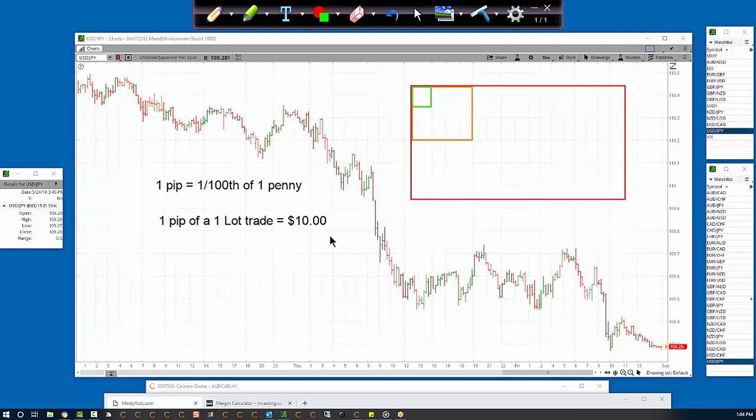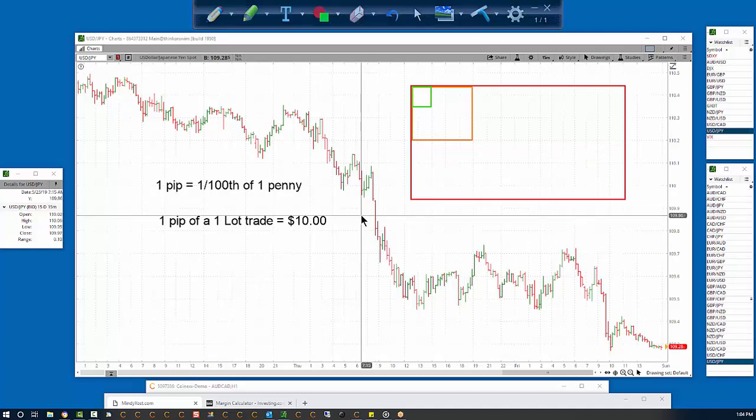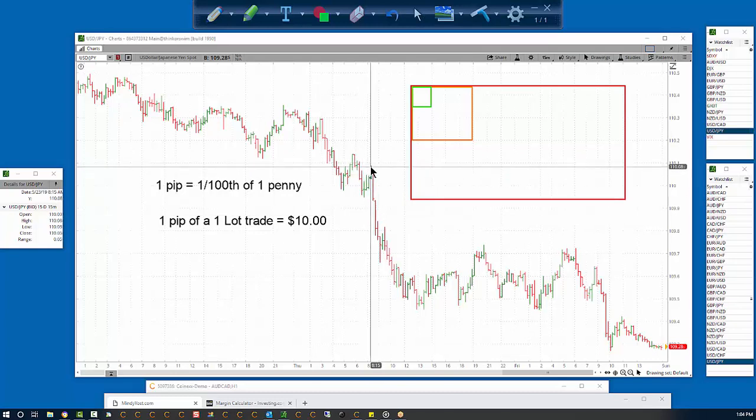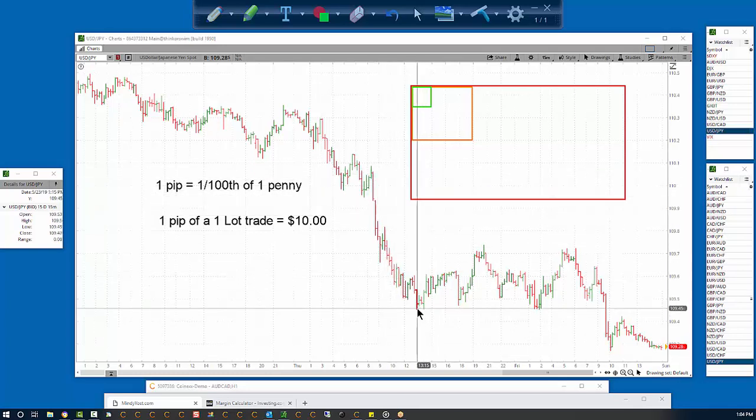So if this trade moved from, let's say here, let's go back to this other tool. Let's say that I went into a sell right here at 110.08, okay? And the price fell all the way down here to 109.45.